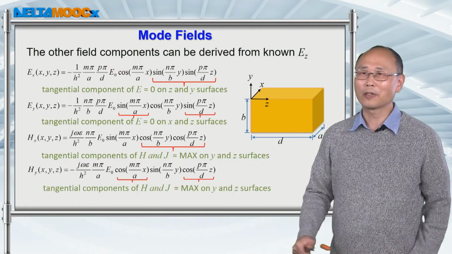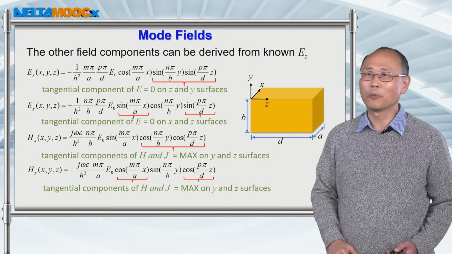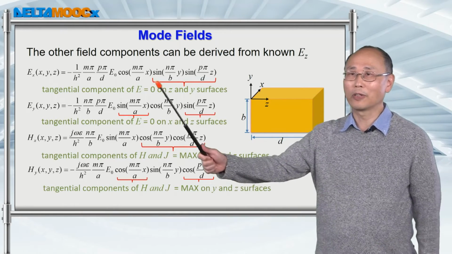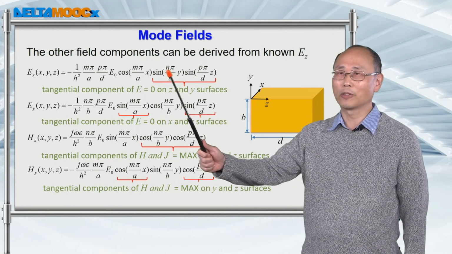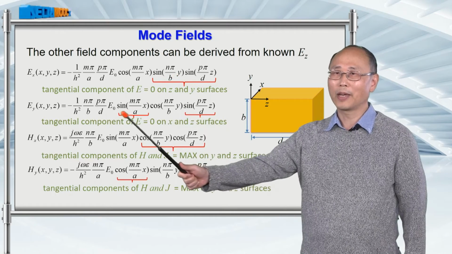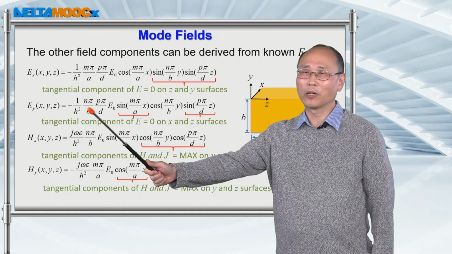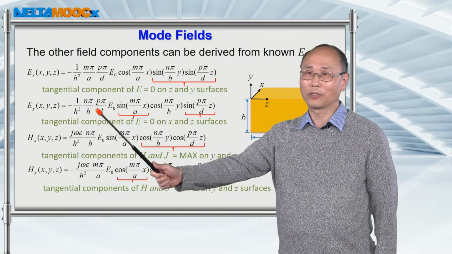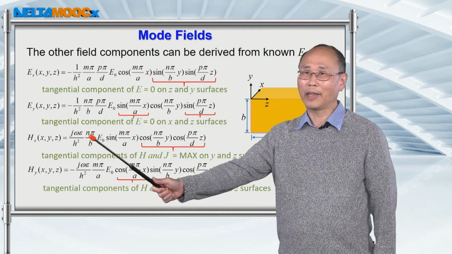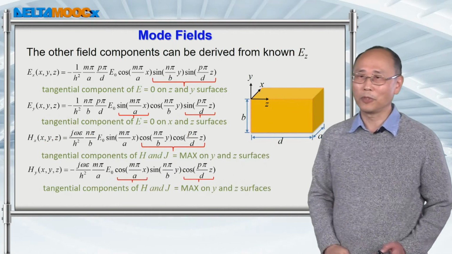And be careful about setting the values for m, n and p, those small numbers. For example, if you set n equal to 0, then this term drops to 0. And there's also n dependence in this expression, so Ey will also go to 0. And you see n here, if n is equal to 0, then Hx also disappears.